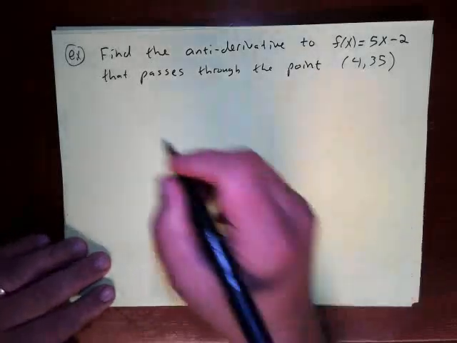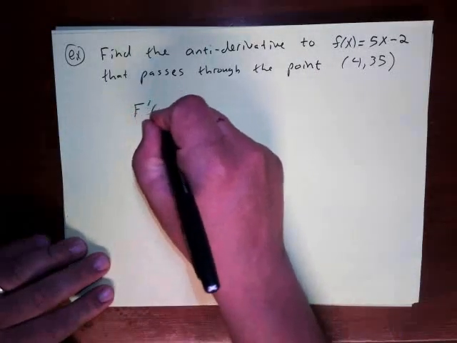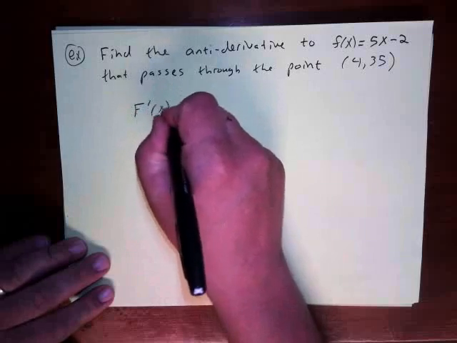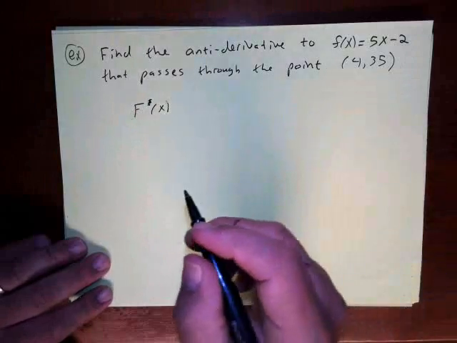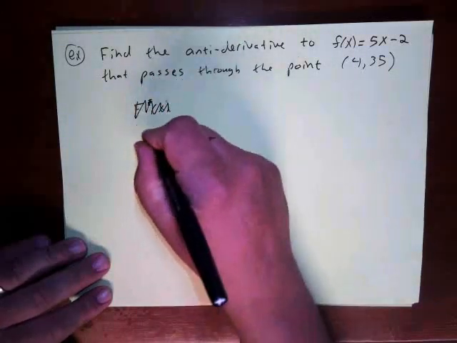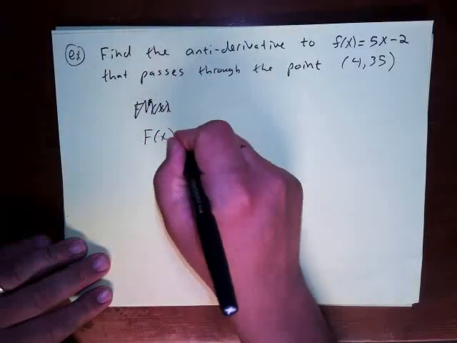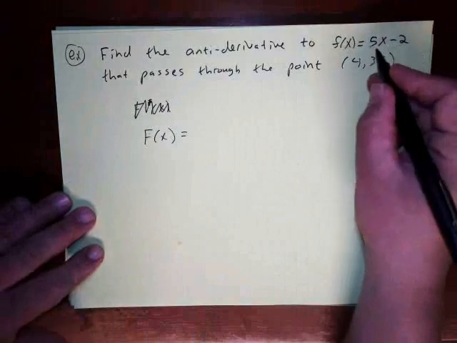Okay? So what I'm going to do is find an expression for the general antiderivative. We don't want that. Just capital F of x here. Maybe I'll cross this out. There we go. So I'm going to use this power rule that we learned.